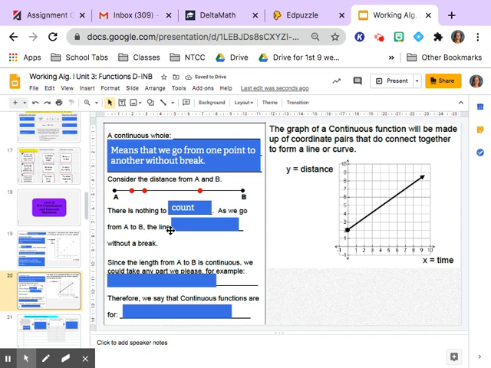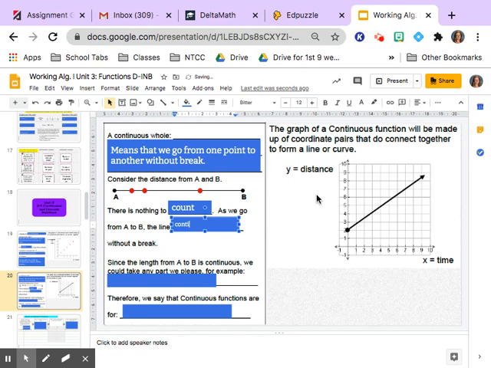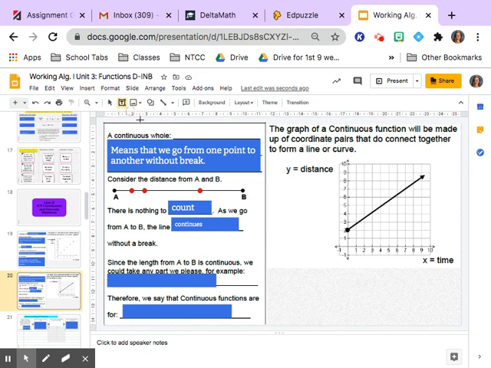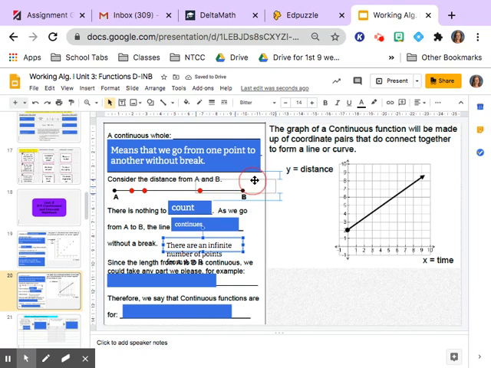As we go from A to B, the line continues without a break. And then let's add another little text box. There are an infinite number of points from A to B. And I'm going to move it up so y'all can see it.